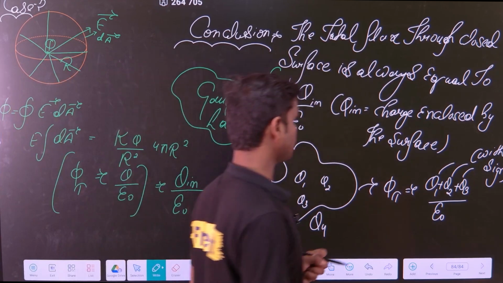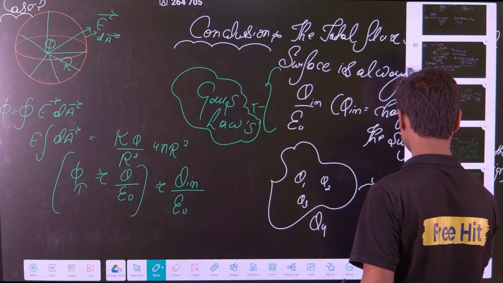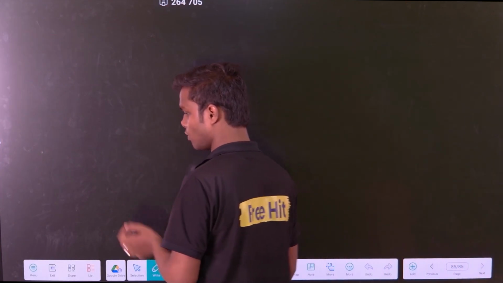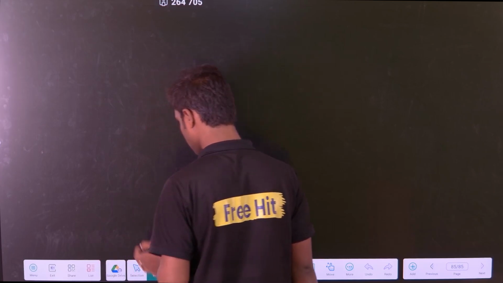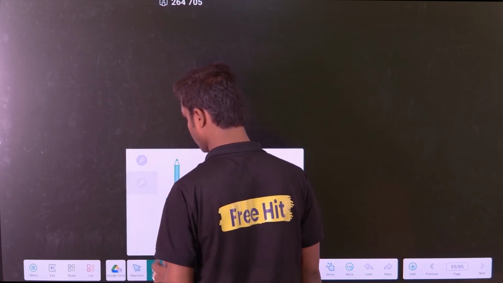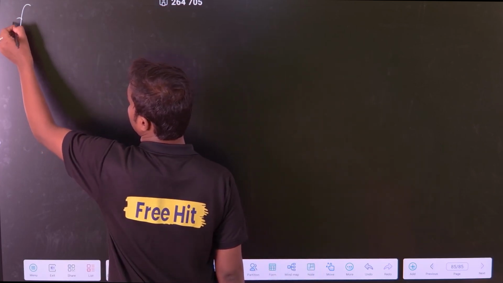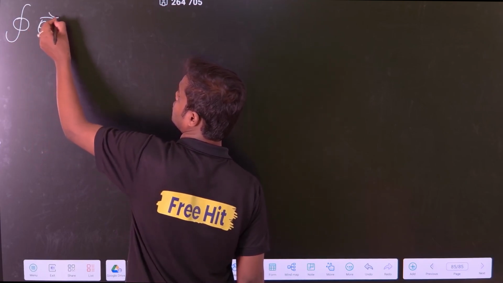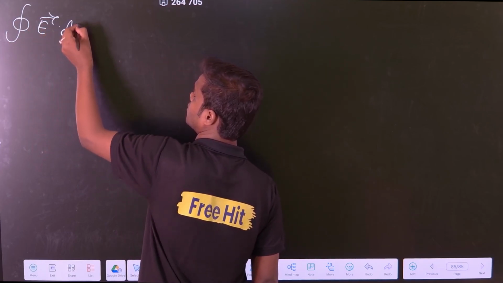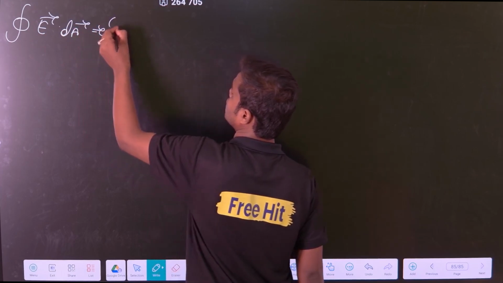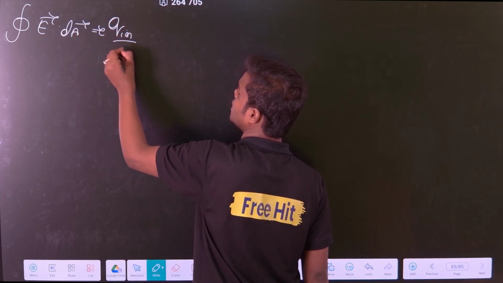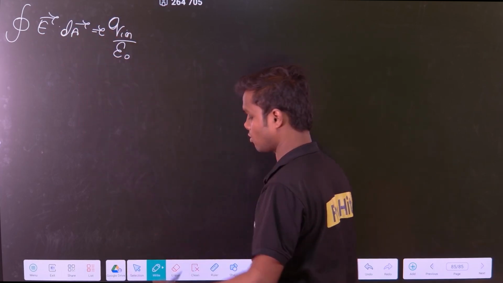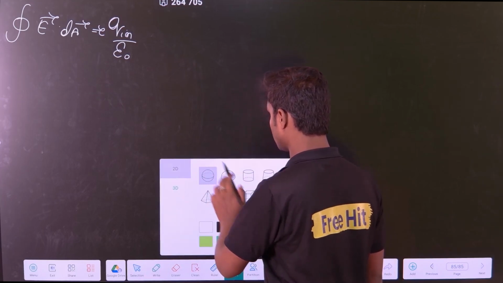Now let us understand it in a better way. We have to do the proper analysis. What we have learned is that for any closed surface, closed integration of E dot A vector is equal to q enclosed by epsilon naught, given by the Gauss law. This is the statement of Gauss law, in mathematical form.